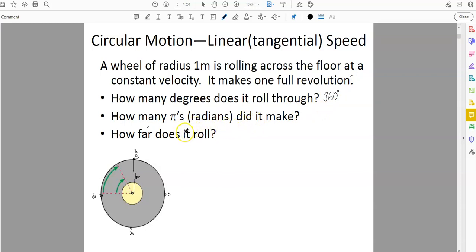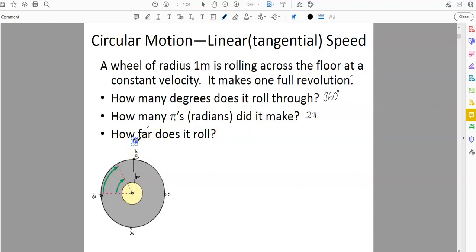Well, if you convert 360 degrees to radians, you would find that it is equal to 6.28 radians. Well, 6.28 radians is 2 pi.